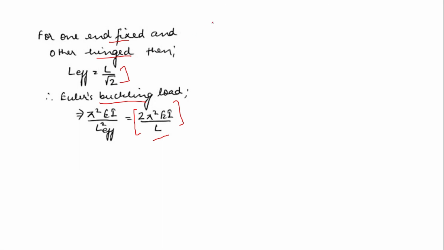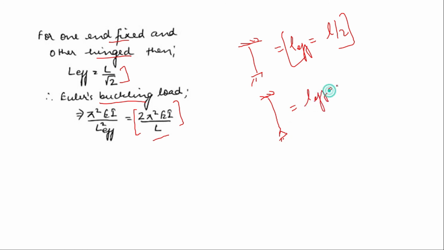Because of this confusion, I will discuss once again: when both ends are fixed, the effective length of the column will be L by 2. When one end is fixed and the other end is hinged, the effective length becomes L by root 2.